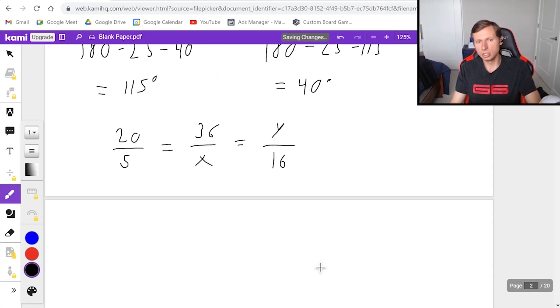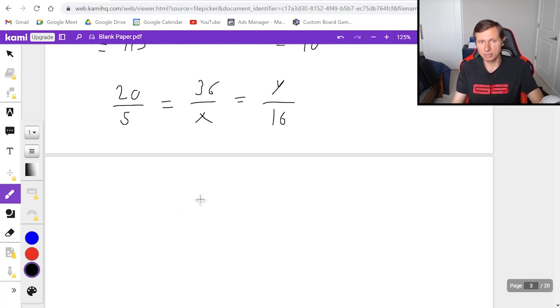So now what I need to do is solve for x and y. It makes no sense to do this all in one step. You cannot solve this with all 3 at once. So you need to look at just 2 at a time. Here's what I'm saying. Let's do 20 over 5 equals 36 over x. Forget about the y for right now. Just do these 2. Now there's 2 ways you can solve this. The first way is you can cross multiply, and you'll get 20x equals 5 times 36.